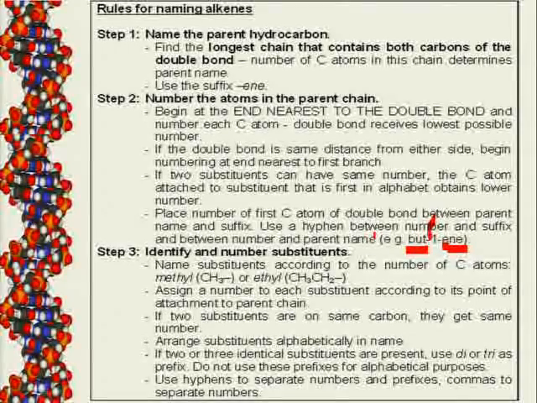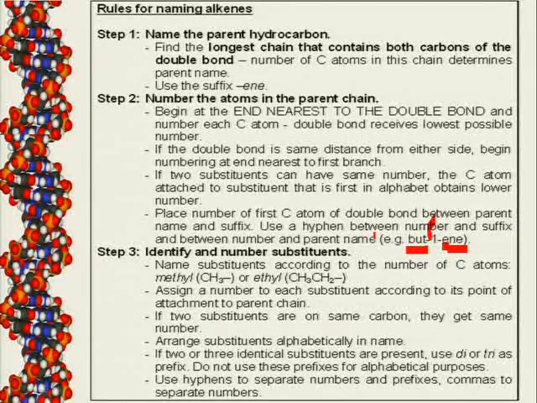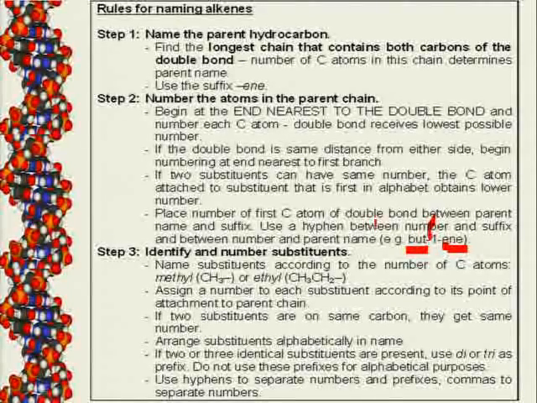All right? And then step number 3 says you must identify the number of substituents. The name of the substituent is determined by the number of carbons. If there's one carbon, my substituent will be methyl, the same way as we have done with the alkane. If I've got two carbons, I'll have ethyl. And then you assign the number to each substituent, like we have done with the alkanes. And if you've got two substituents that are on the same number, you must not use just one number.